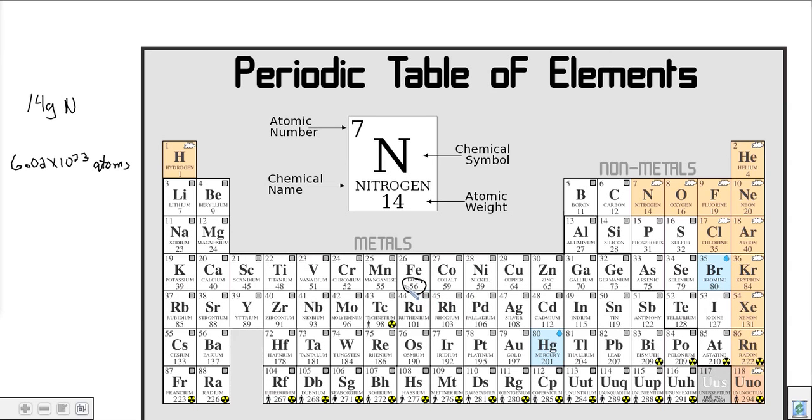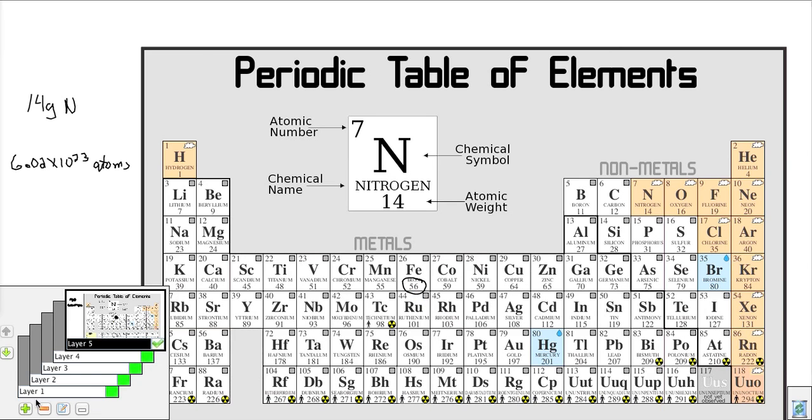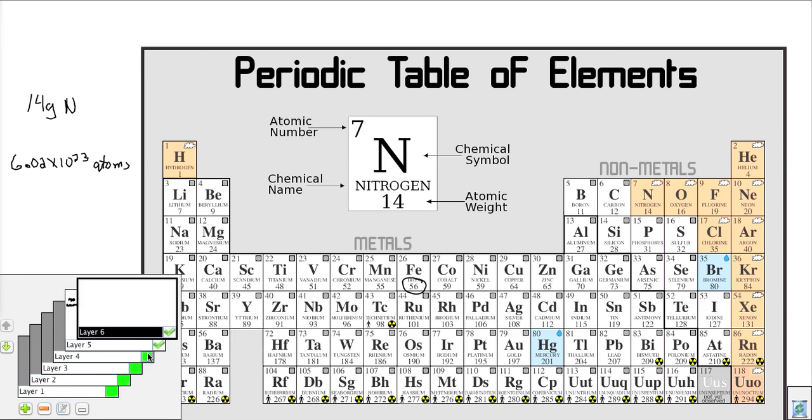All right, so how do we work with this? Let me show you what we do here with mole conversions real quick, and this should be pretty simple. Let's just say that I had 3 moles of iron. How many iron atoms would I have? Well, I know that every 1 mole equals 6.02 times 10 to the 23rd.